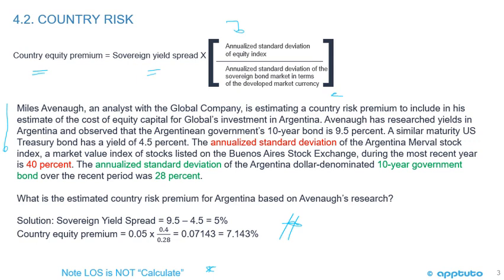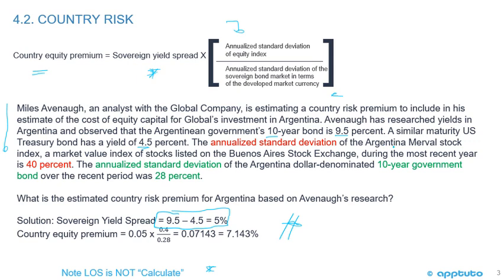A similar maturity U.S. Treasury bond has a yield of 4.5%. So we have the data for the first part of the calculation. That's the sovereign yield spread, which is the 9.5% minus 4.5%, and that's going to give us 5%. So we've got it right there. The Argentinian government's 10-year bond, 9.5%. Similar maturity U.S. is 4.5%.